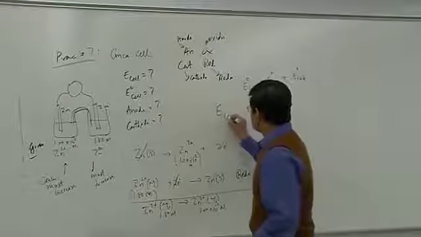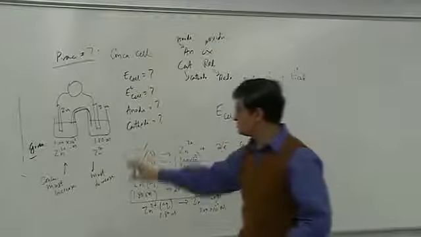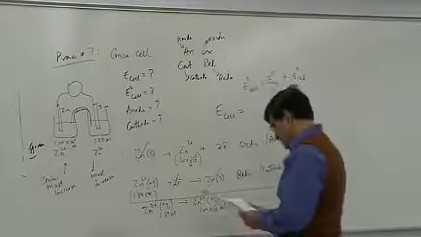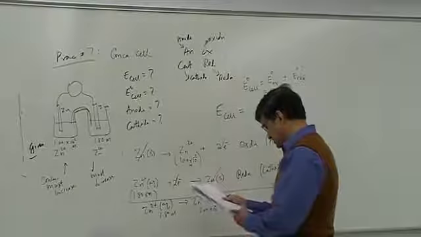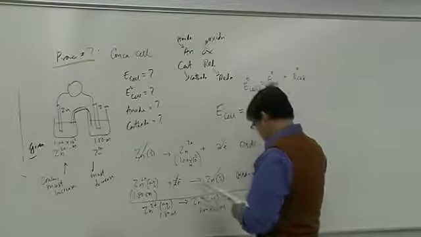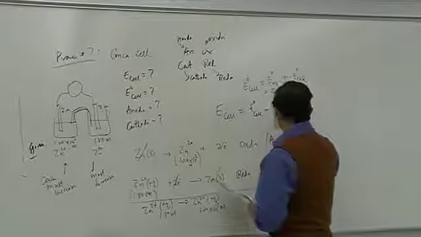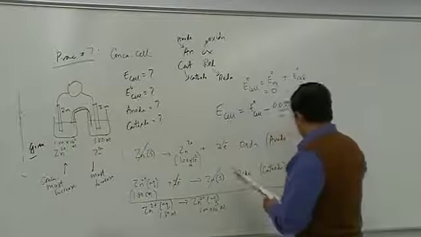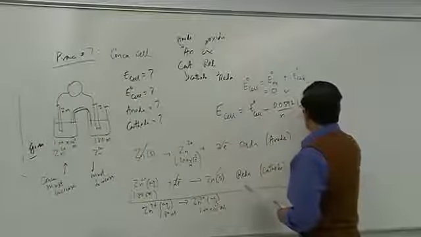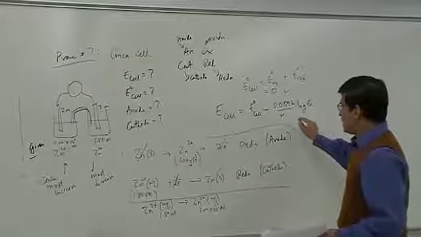But voltage of this cell with concentration difference would not be 0. And that would be given by this expression I'm going to write down. E equals E0 cell minus 0.0592 over n log of Q. We already know the n value.